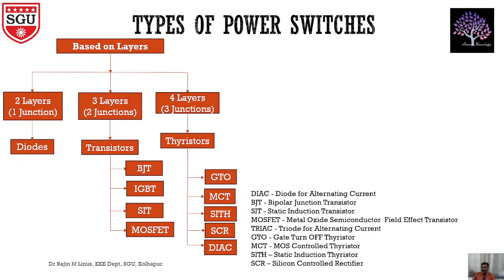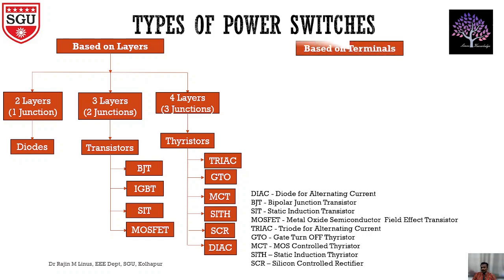GTO means gate turn off thyristor. Then triac means triode for alternating current. So these all come under the thyristor category. So transistor category: BJT, IGBT, SIT and MOSFET. Thyristor category: triac, GTO, MCT, SITH, SCR and diac.